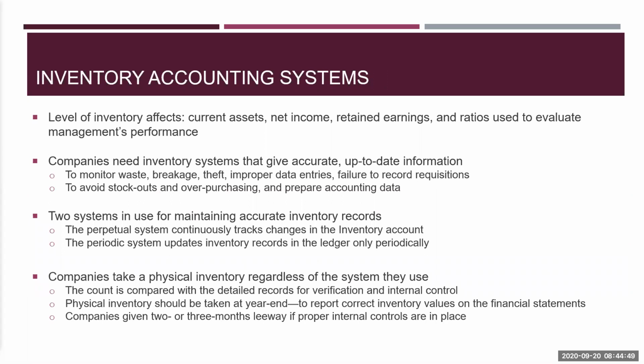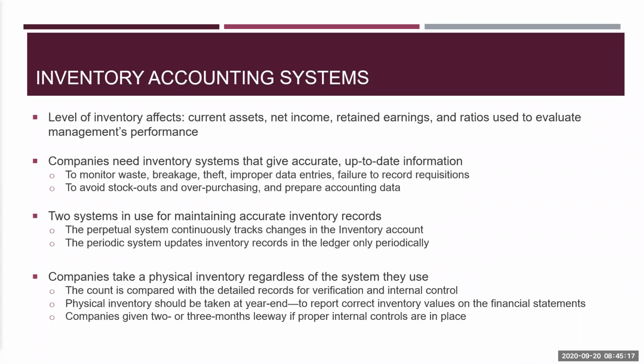Now, when it comes to the inventory system, the level of the inventory we maintain does affect your current assets, your net income, your retained earnings, as well as your ratios. Now, think of your journal entries when you're thinking of your inventory account. When the inventory is purchased, we debit the inventory account and we credit accounts payable, cash, or something, depending on what your situation is.